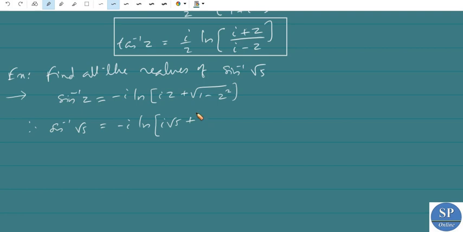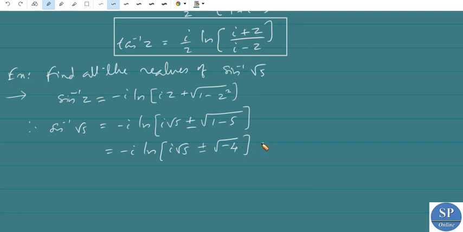plus square root of 1 minus z square. z square is 5. So here actually you can use plus or minus, because this square root has two values. So this is minus i ln of i root 5 plus or minus square root of minus 4.